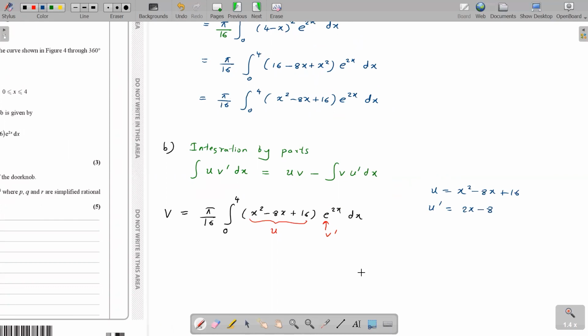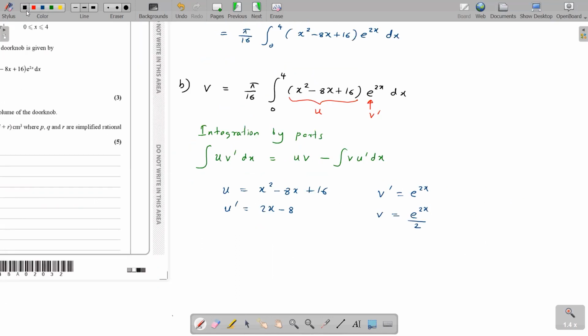I'll write my u and u dash separately, so I can easily input them into the equation. So v dash is given as e to the power 2x. V dash to v is integration. So e to the power 2x, when you integrate, is e to the power 2x divided by 2. Do you agree?